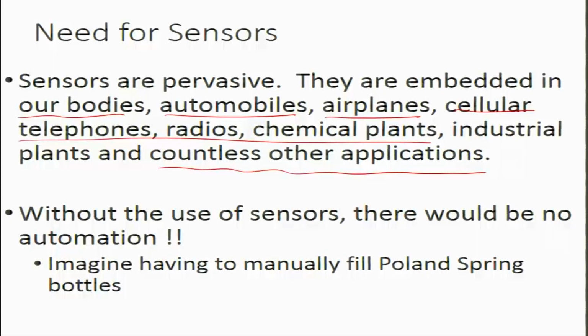And we can make the statement that without the use of such sensors, which are able to monitor and feed back the signal, there would be virtually no automation possible. So sensors form a very important aspect of almost all mechatronic systems and intelligent systems that we are discussing in this particular module.